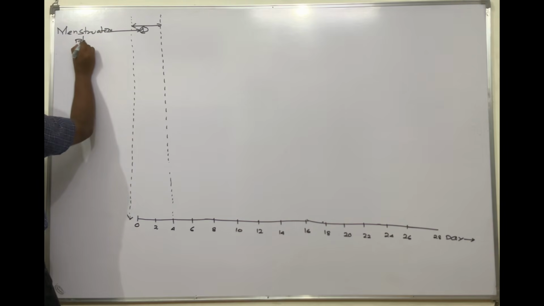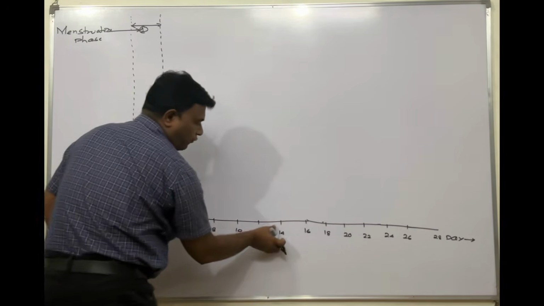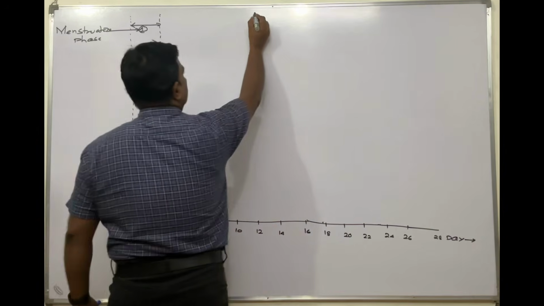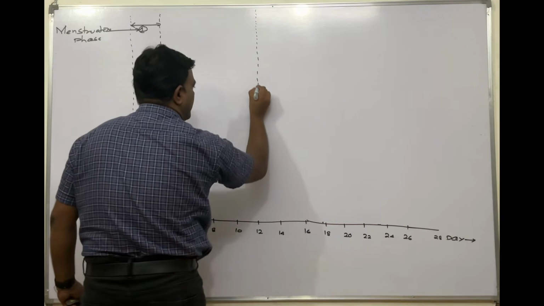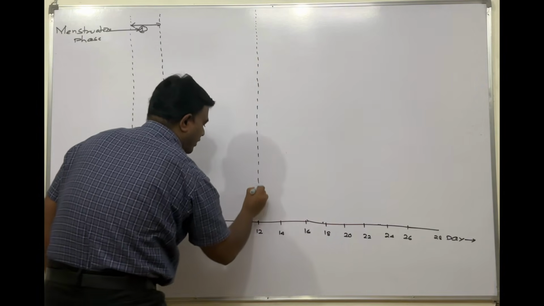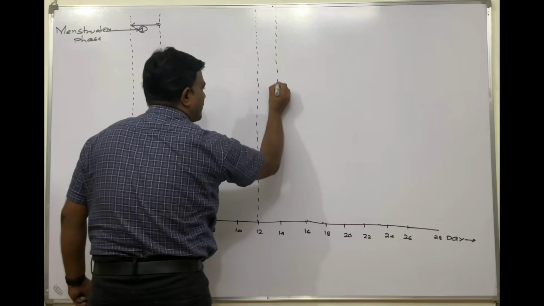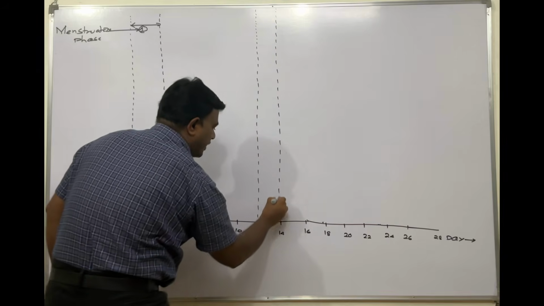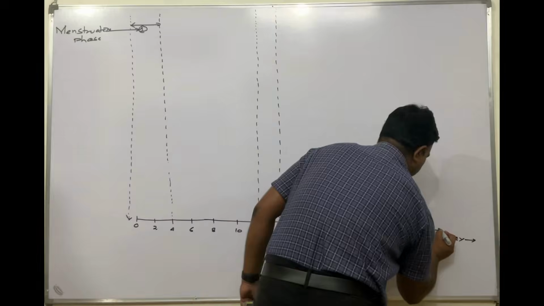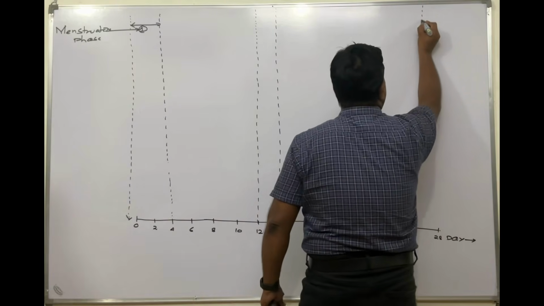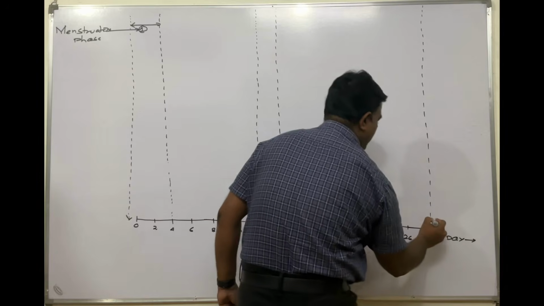Then from 4 to 14, I will go up to the 13th day and stop there, because the 14th day I consider as one of the master days. From 14 to 28, here I am drawing another phase which will terminate this cycle.